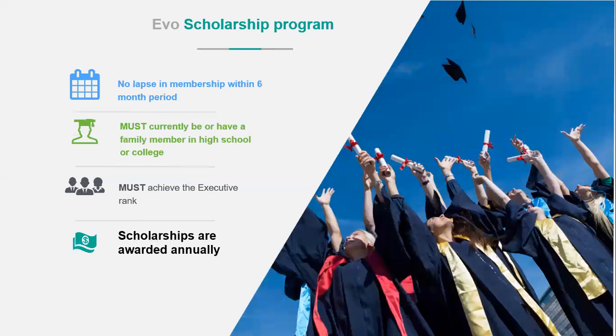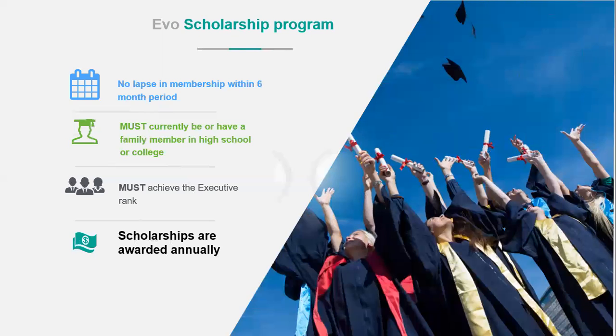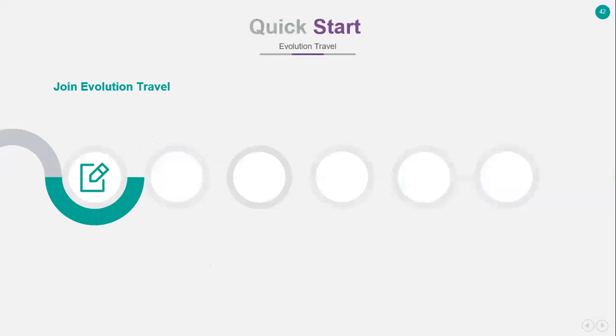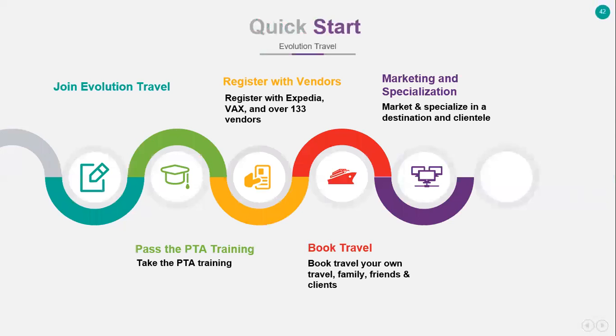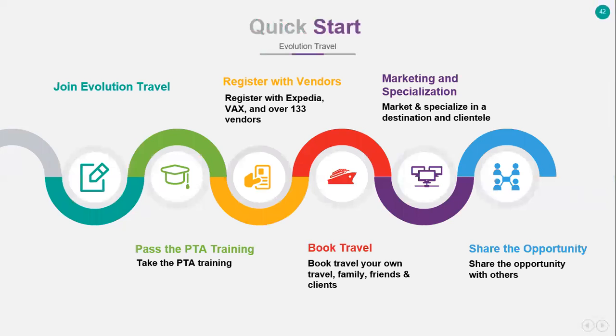Okay. So the next course slide that we go into is the quick start. What this slide does is it breaks down how you get involved with Evolution Travel. By joining Evolution Travel, passing the PTA training, registering with the vendors, marketing and specialization, booking travel, and sharing the opportunity.